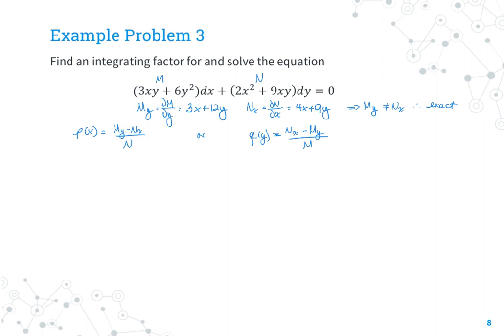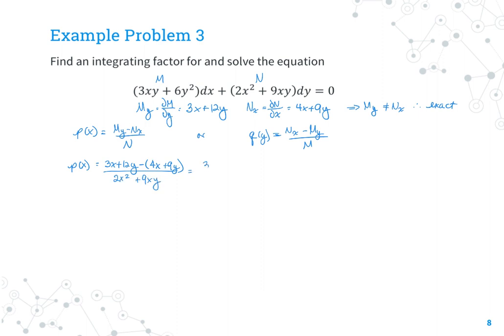Let's see what happens when we try to find each one. So for p of x, we would have 3x plus 12y minus the quantity 4x plus 9y all over n, which is 2x squared plus 9xy.